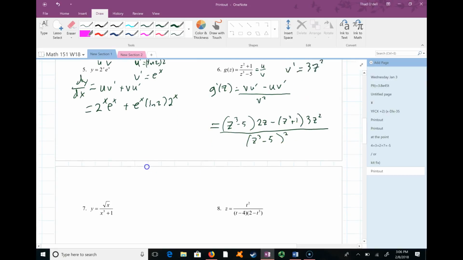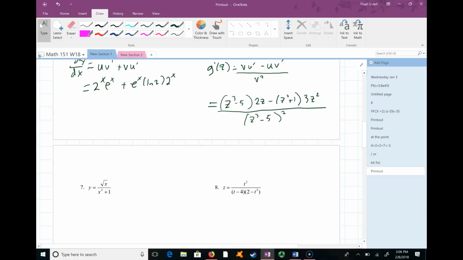Now this will require you to do a little bit of algebra to simplify. So if I multiply 2z through, I get 2z to the 4th minus 10z, minus 3z to the 4th minus 3z squared, still all over that z cubed minus 5 squared.